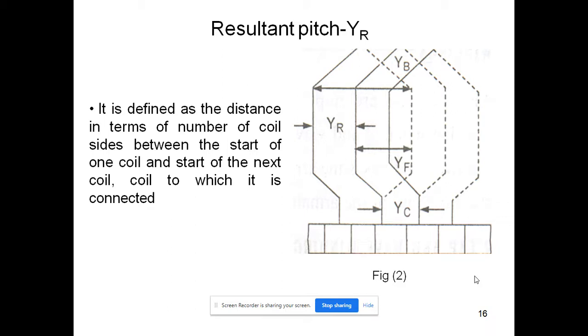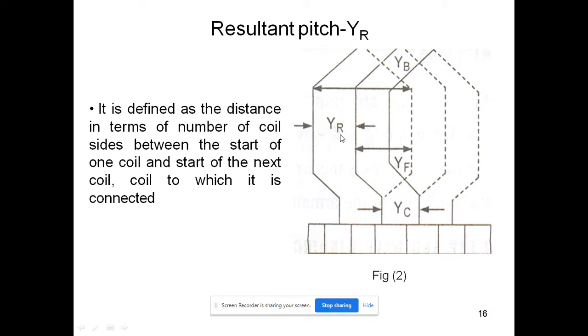Here we can see the term YR in figure 2, and this YR is defined as the distance in terms of number of coil sides between the start of one coil and the start of the next coil to which it is connected. I think you have understood this.